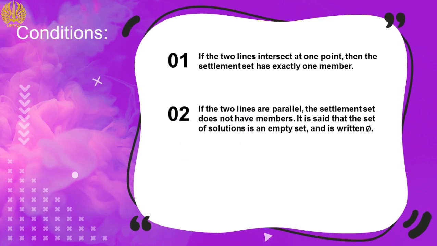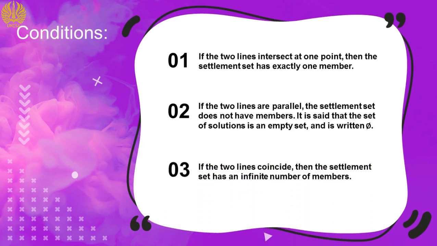The second condition is if the two lines are parallel, the settlement set does not have any members. It is said that the set of solutions is an empty set and is written like that.